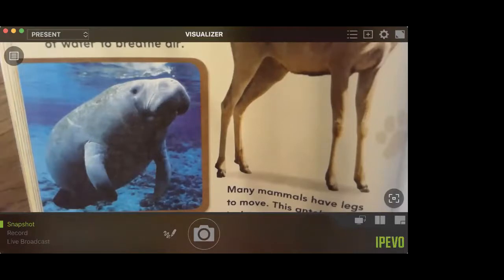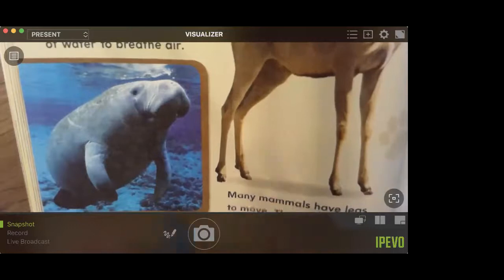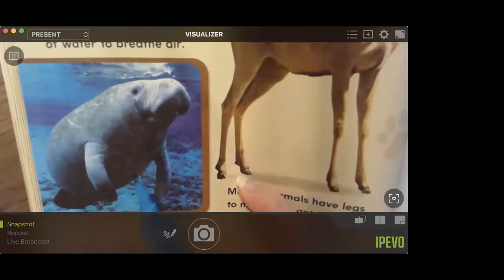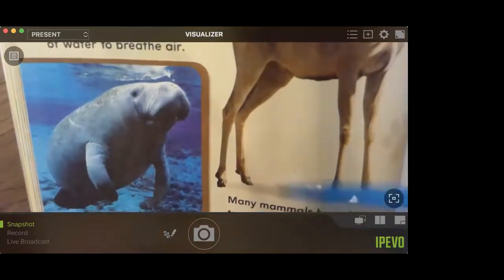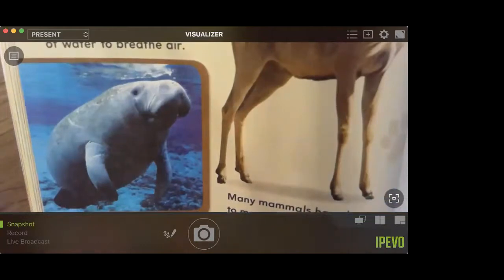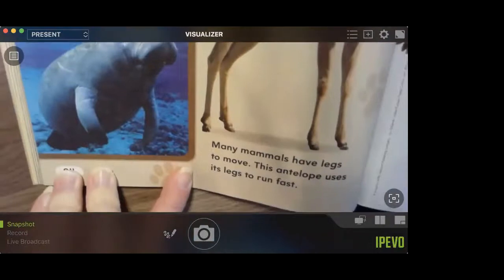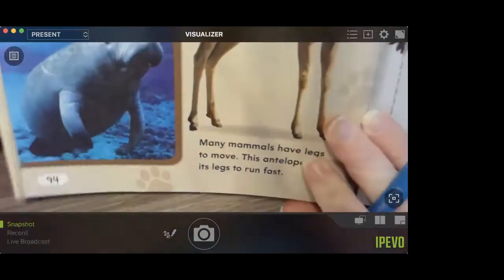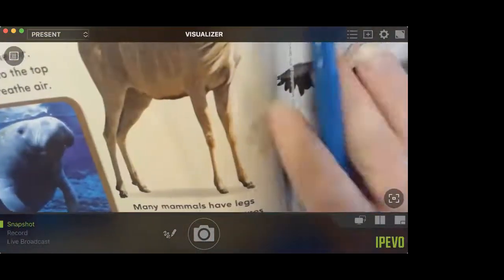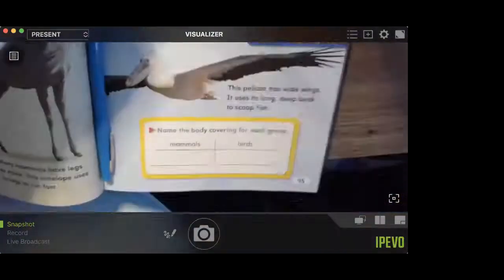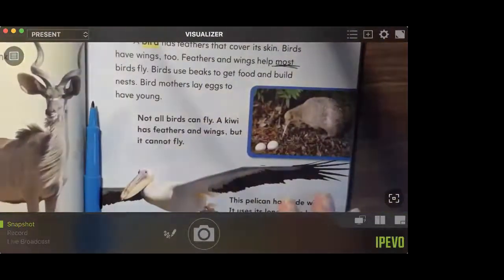They're a mammal because they breathe air, they don't have gills. They breathe above water. So they can stay underwater a lot longer than us, and then they have to come up and get air. Many mammals have legs to move. This antelope uses its legs to run fast. Okay? All right, and I apologize because I cannot get the whole page in the screen today.